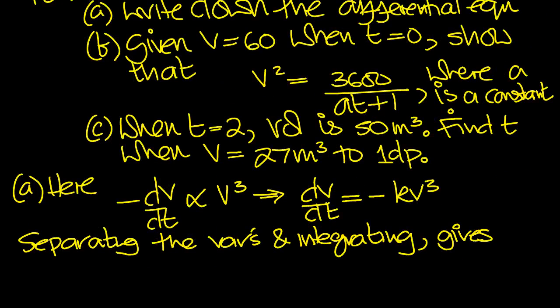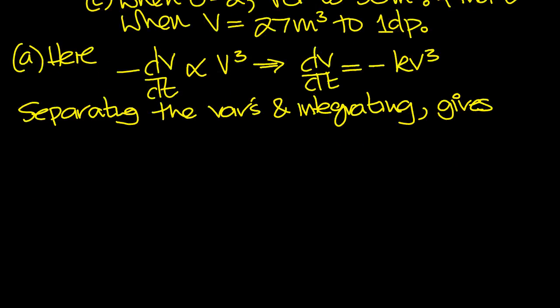V is 60 when t equals 0, isn't it? So we've got dV, leave that as is. Leave the minus k as is and move the dt up to be with it. And then move the V cubed from times on that side down to divide on the other.